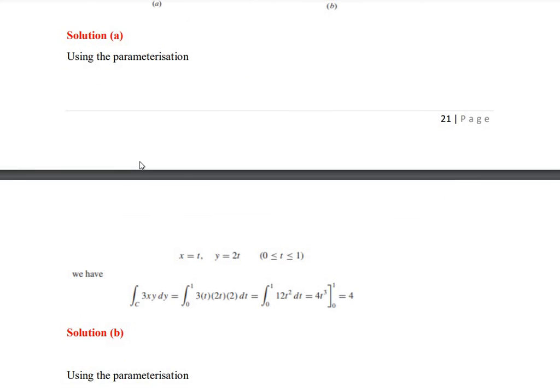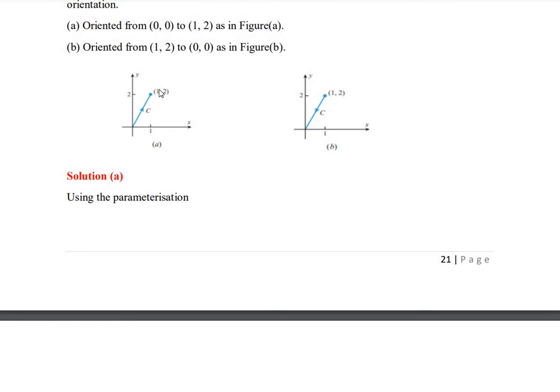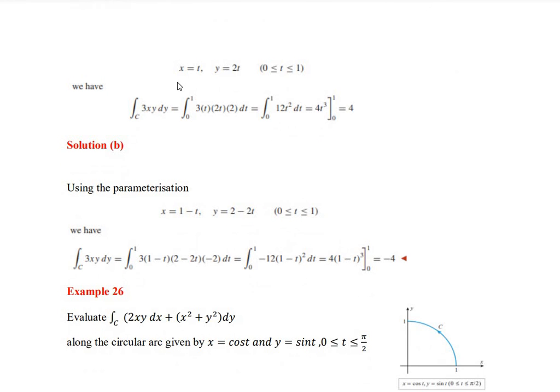You will get the line y is equal to 2x. We parameterize that line y is equal to 2x: you take x is equal to t, you will get y is equal to 2t. So there x is equal to t and y is equal to 2t.